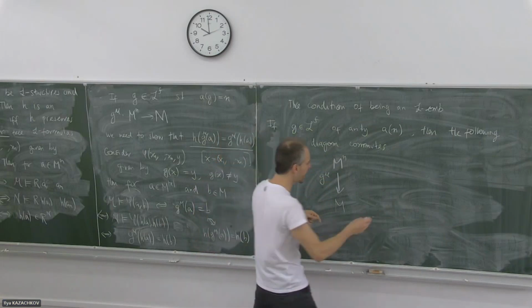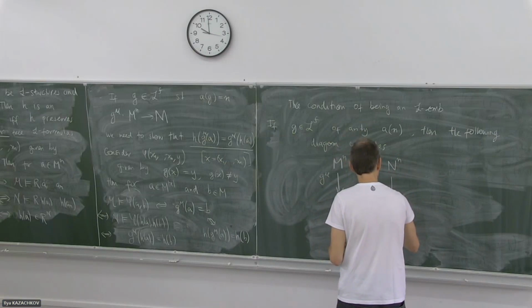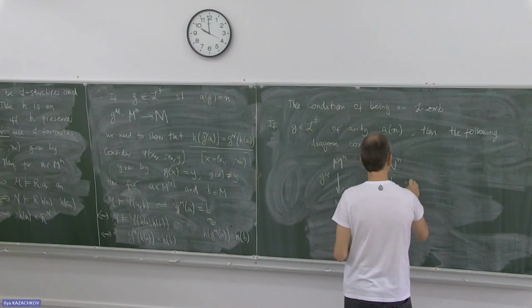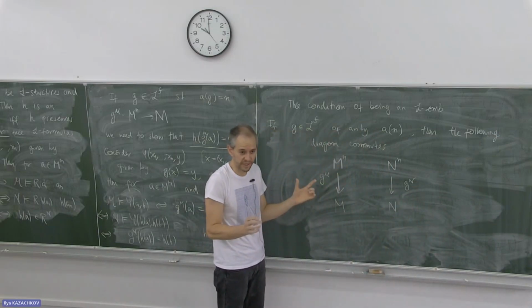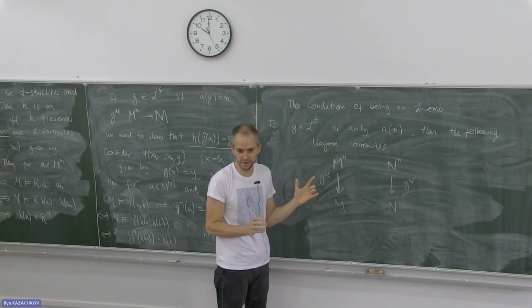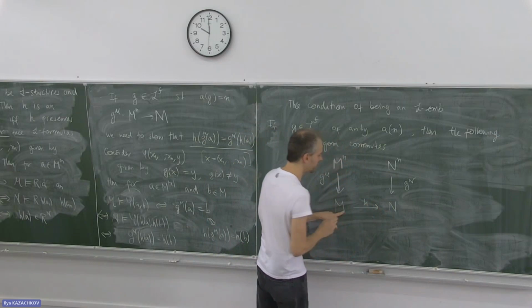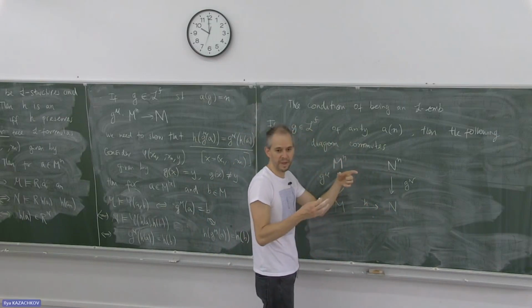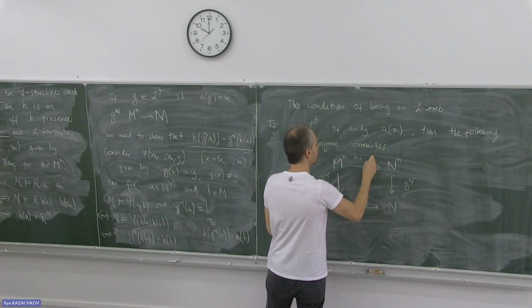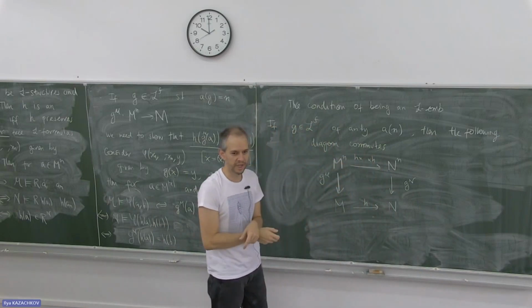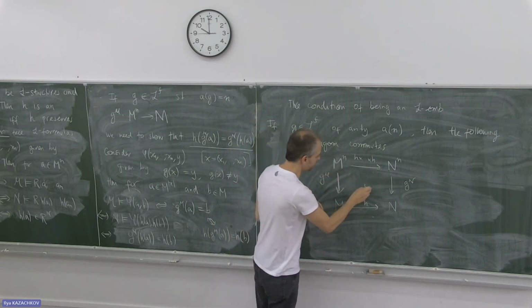I have exactly the same thing here for N. This is because these two are structures, and in every structure I need to interpret every symbol, in particular this function symbol. Between this and this I have my map H. And between this and this I have the map H coordinate by coordinate, H times H. And what I'm saying is that this diagram has to commute.